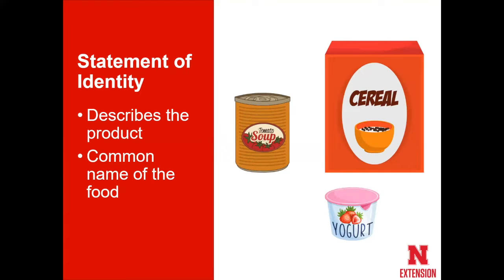So first, a review of the statement of identity. It does describe the product. So here we see very generic ones: tomato soup, cereal, yogurt. And that is a requirement. You want to know what's in your food product. They can use additional names to identify the product, but it should be available what is actually included in the package.